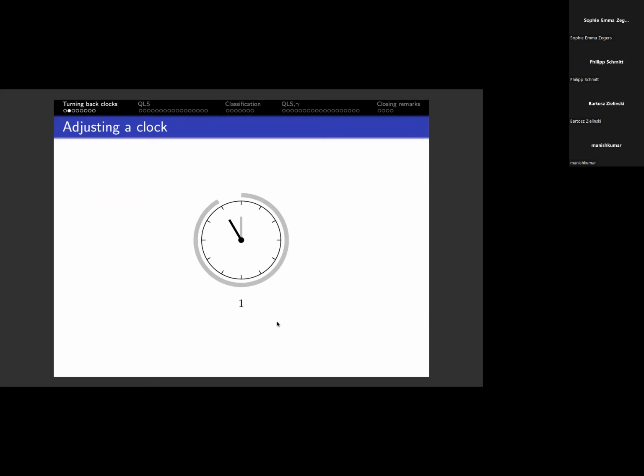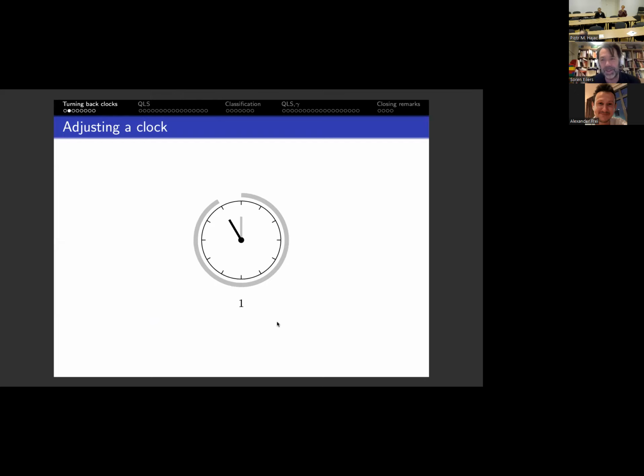So I'm inspired by the time of year. We are in the situation where we want to turn back the clock for an hour. This has happened in Europe, and I think it's going to happen in many places in the US next week. So we're in this exciting piece of time where the time difference is not what it usually is.